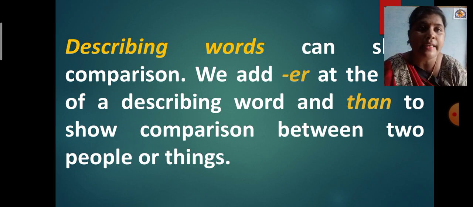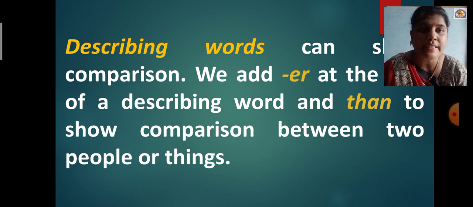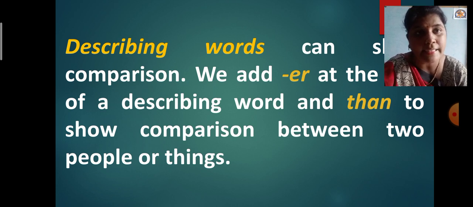But if the word tallest, shortest or longest is there, then there is a comparison between all, or more than two. That means a comparison between three things or three people, or more than two. Suppose Arjun's handwriting is the best handwriting in the class; we are comparing across the whole class, so it is best.